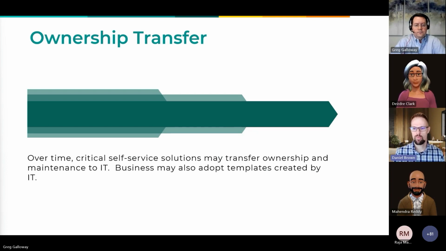And so there might be a point where that ownership transfers over. It doesn't remain as much of a self-service solution, and it transfers over to an IT-owned solution in order to put it through the right processes to get it certified and in a place where it's always up and running in the proper ways.